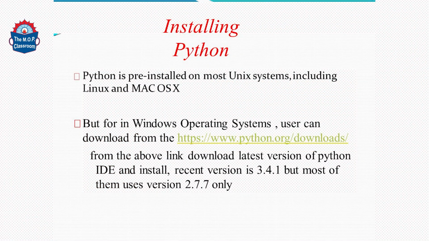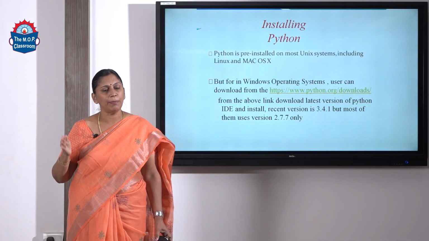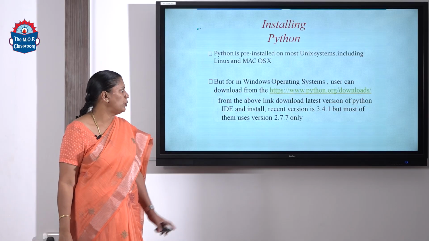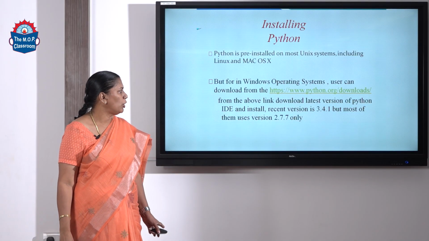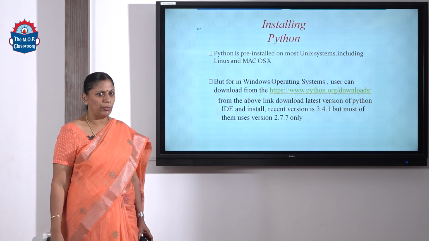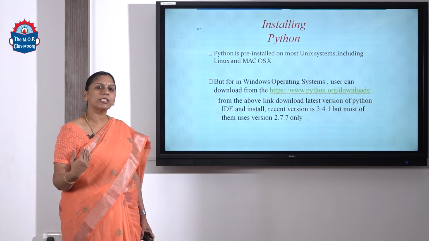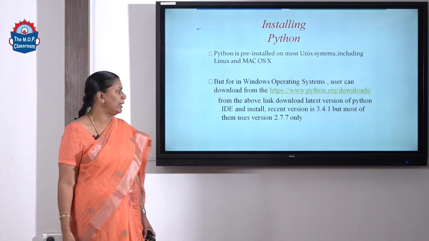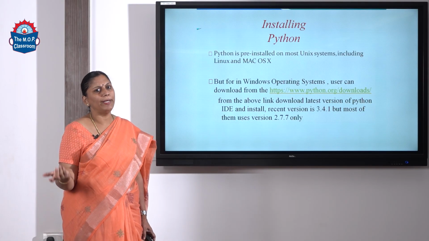So, how do we install Python? When you have a Mac system or Unix system, it comes pre-installed. But when you have a Windows operating system, you have to go to the site www.python.org/downloads where you can download the latest version of Python. The recent version is 3.4.1 but most people use 2.7.7.